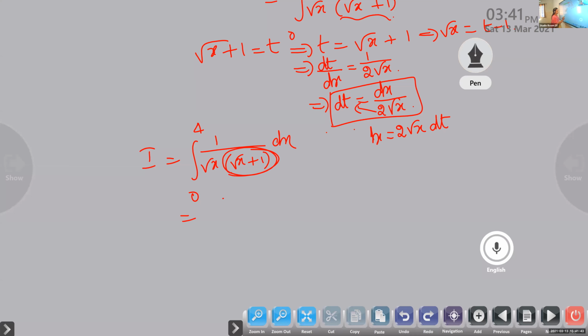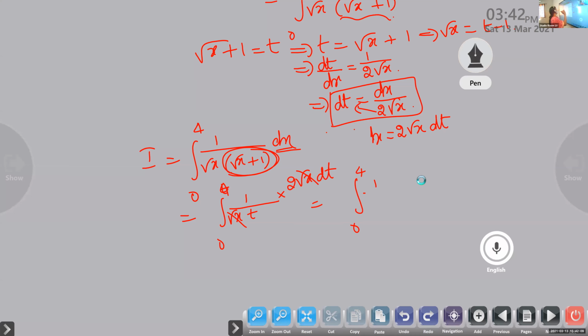So it will become 1 by t, and already one root x is there. What is dx? We are getting dx as 2 root x into dt. So root x will get cancelled, and we will get integral 0 to 4, 1 by t into dt.